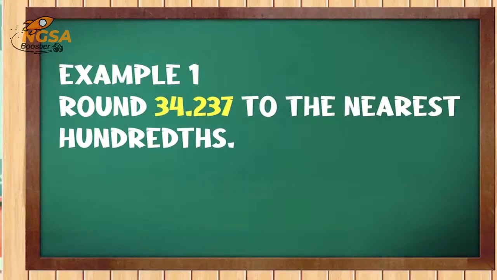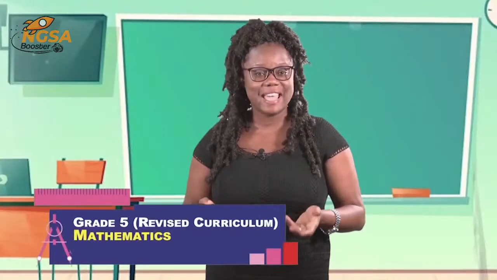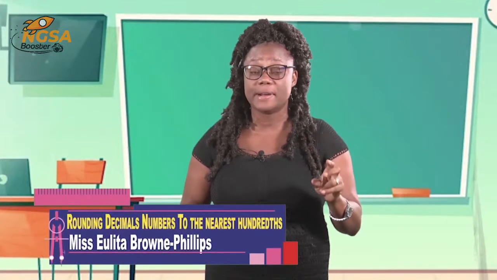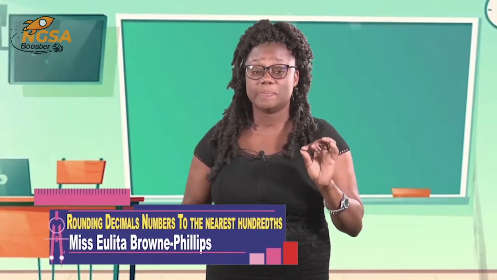The number in the thousandths place, in this case, is 7. Is 7 more than 5 or is it less than 5? 7 is more than 5. So we add 1 to the number in the hundredths place.